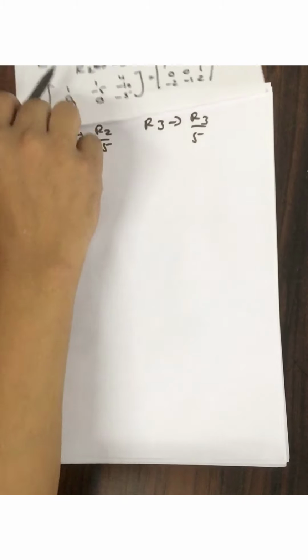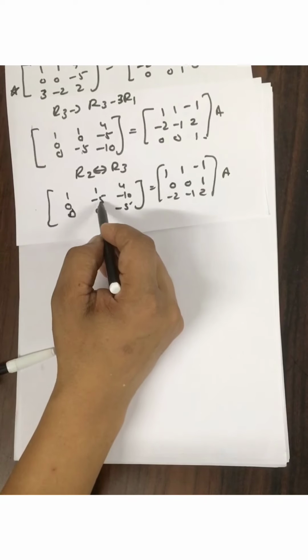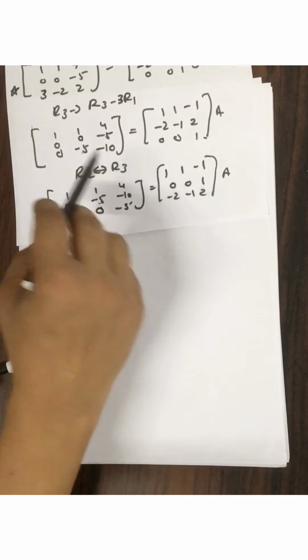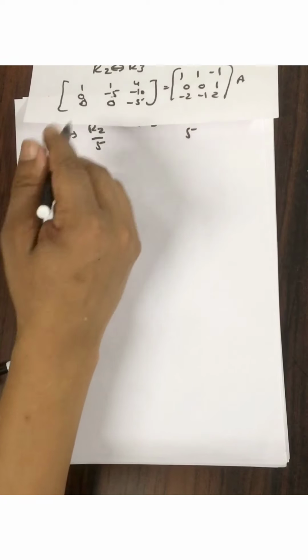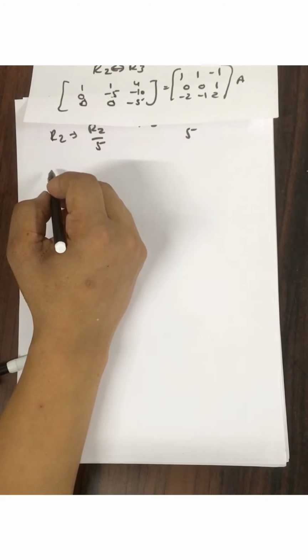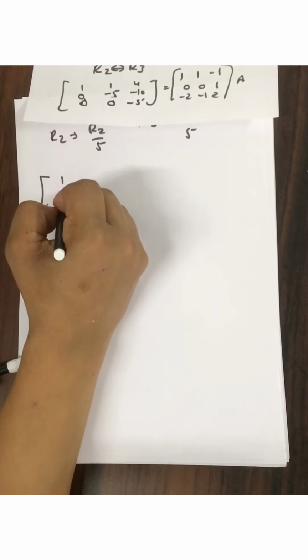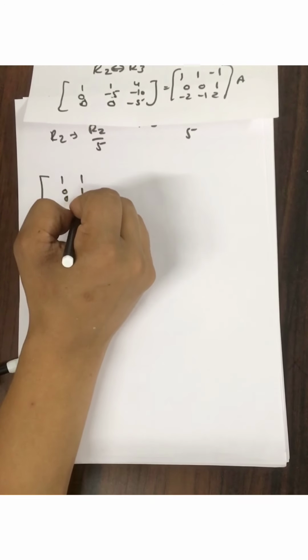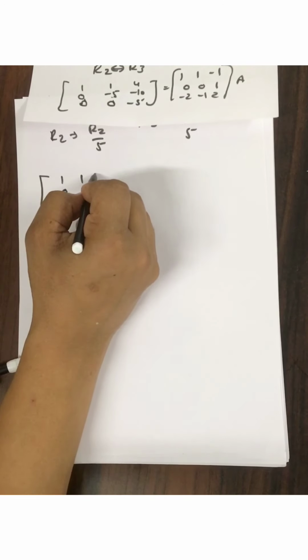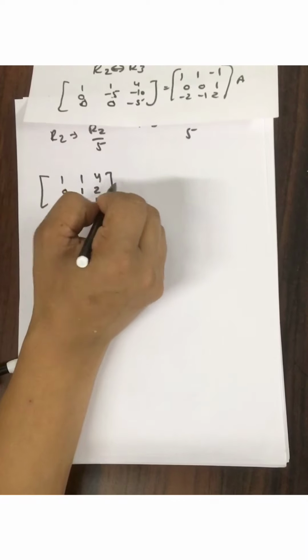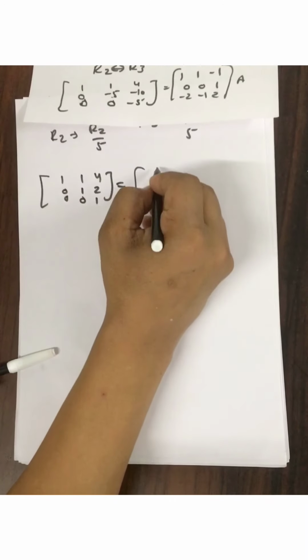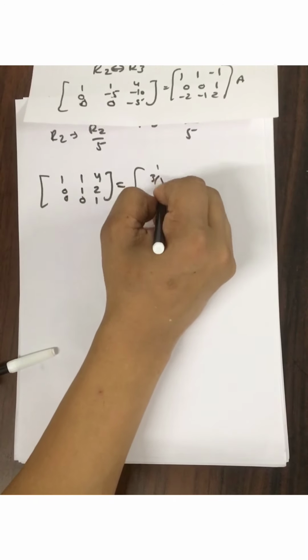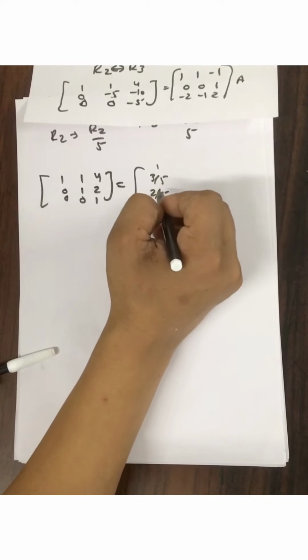See, if you divide this by 5, we'll get rid of this 5. It becomes very simple. Let's do it. So what do we get? We get 1, 0, 0, 1, 1, 0, and this will be 4, this will be 2, this will be 1. Simple division. 1, 3 by 5, this will be 2 by 5.